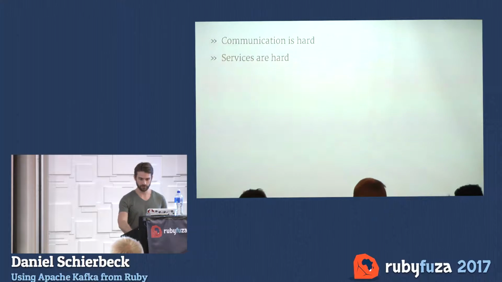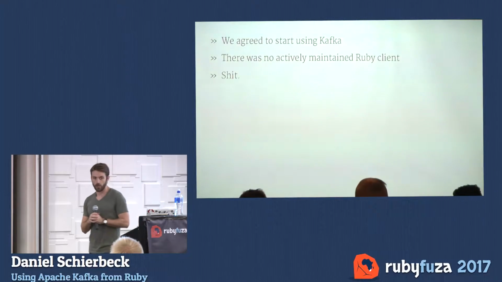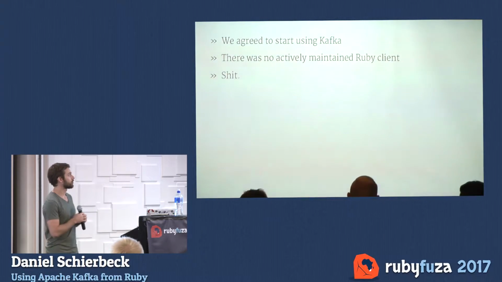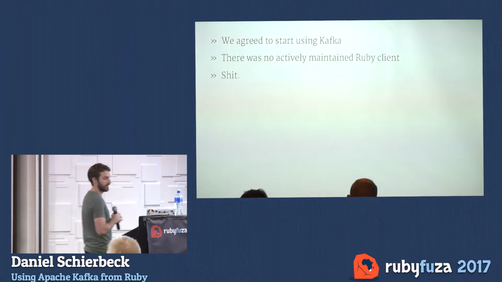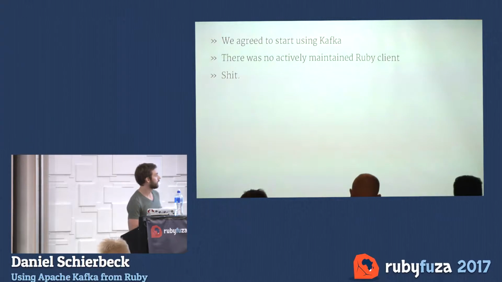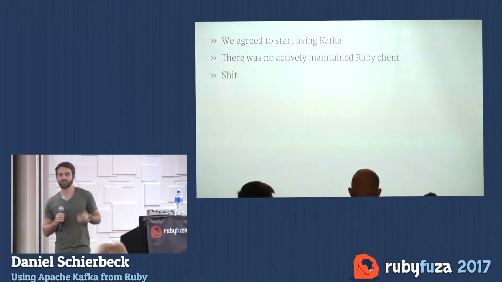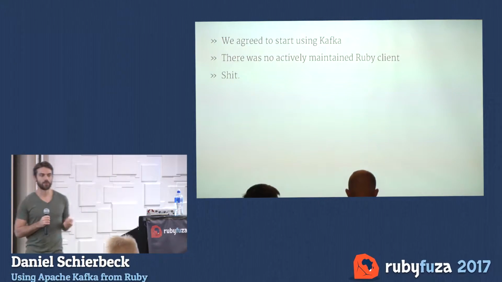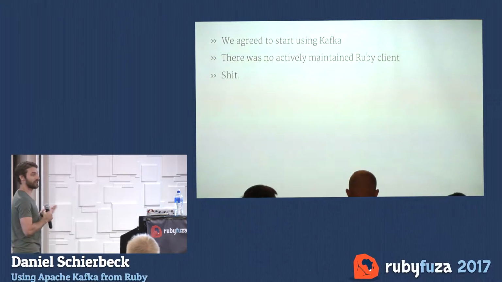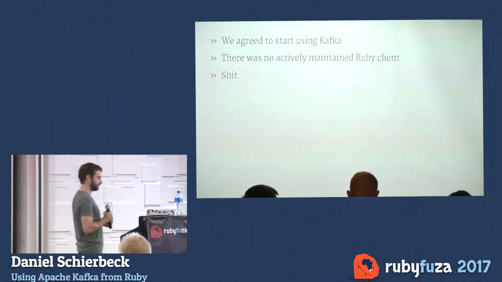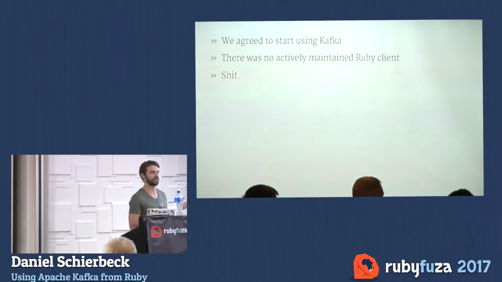So a few years ago, we agreed to start using Kafka to solve some of these problems. And why and how we did that is something I'm going to talk about in this presentation. So I was actually opposed to adopting Kafka, which is ironic since I'm now maintaining a Kafka client library.